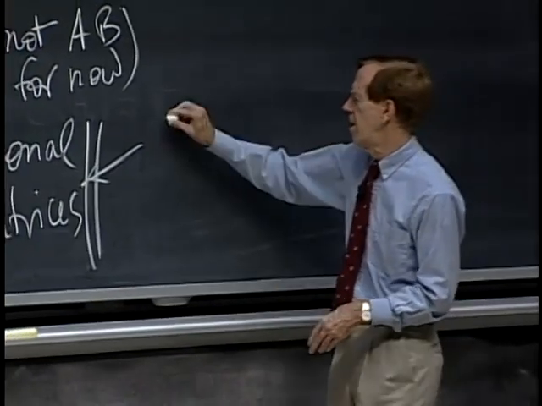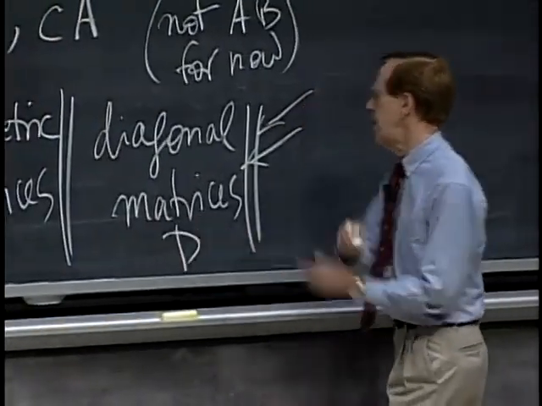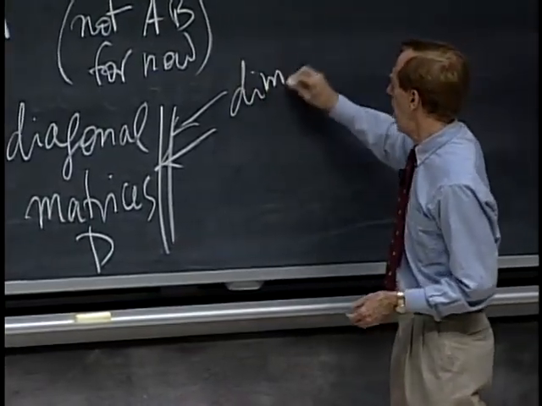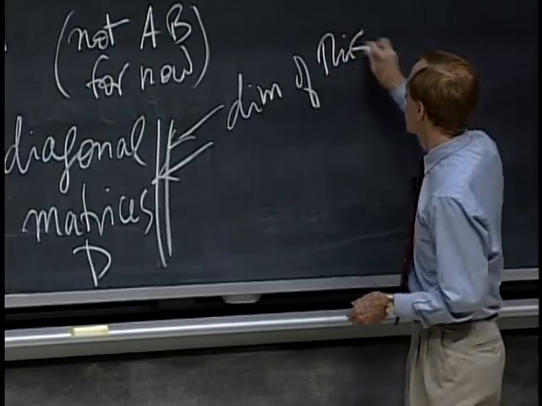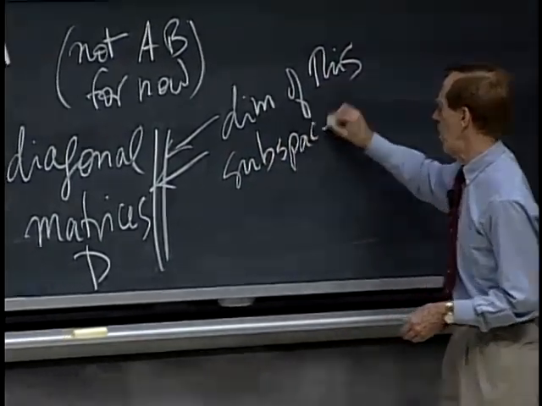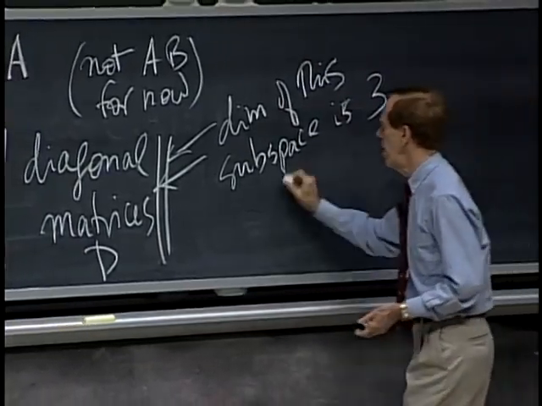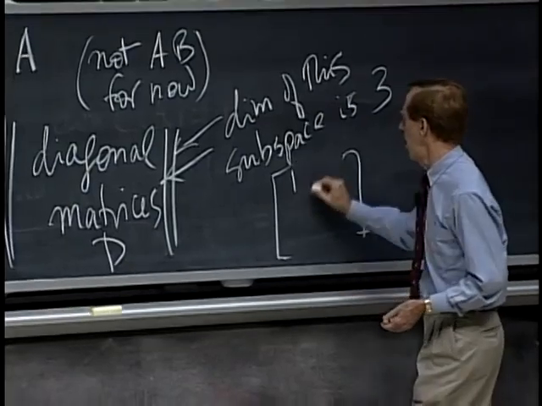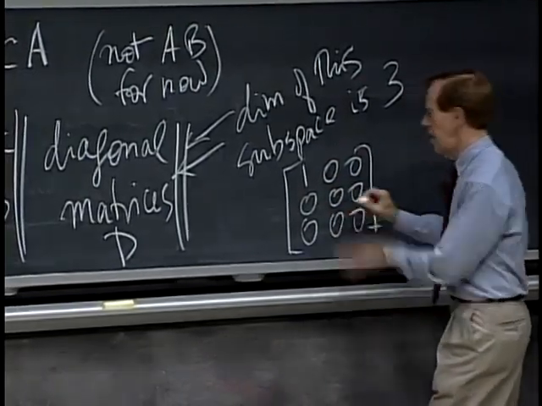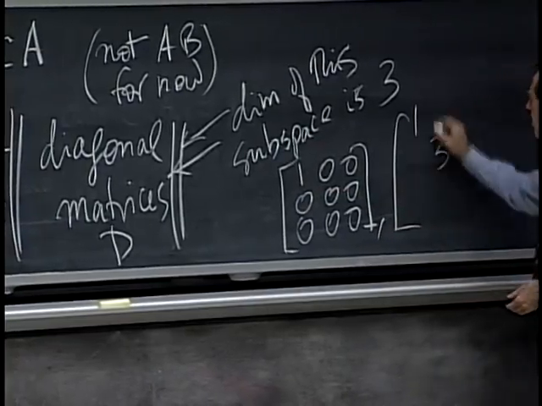What's the dimension of this subspace, let me call it D, all diagonal matrices? The dimension of this subspace is, as I write, you're working it out, 3. Because here's a matrix in this, it's a diagonal matrix. Here's another one.